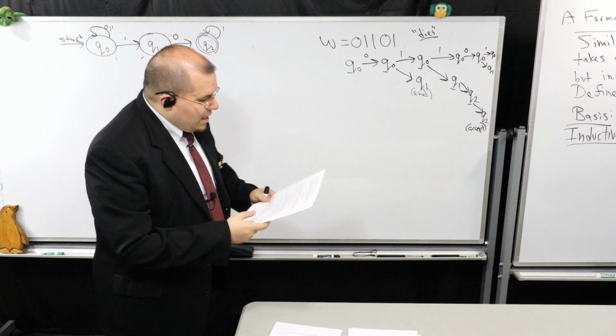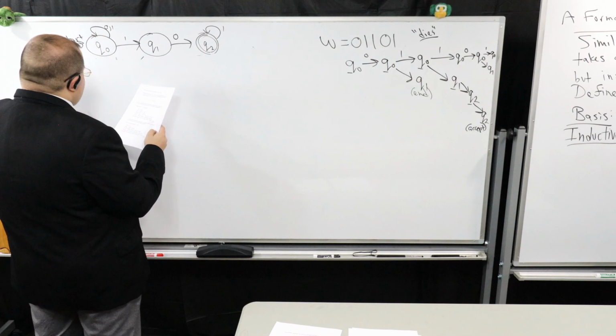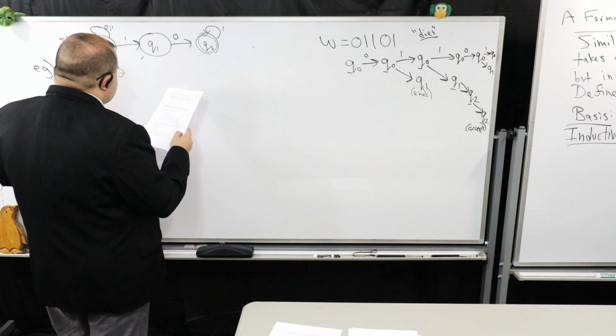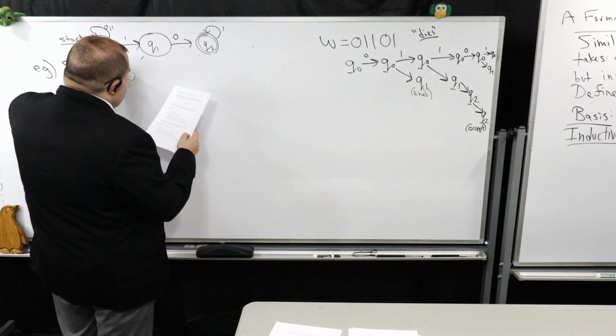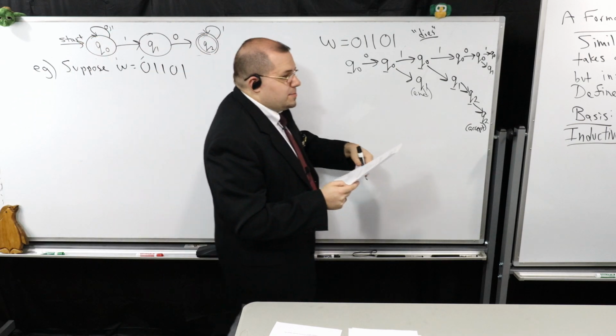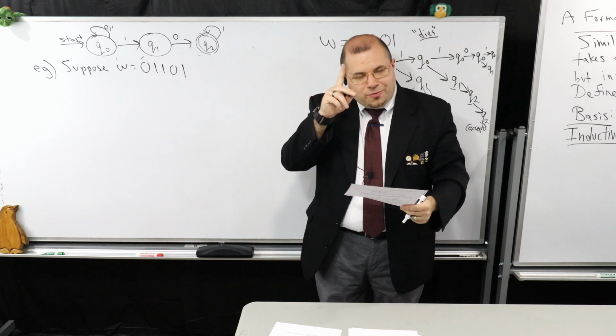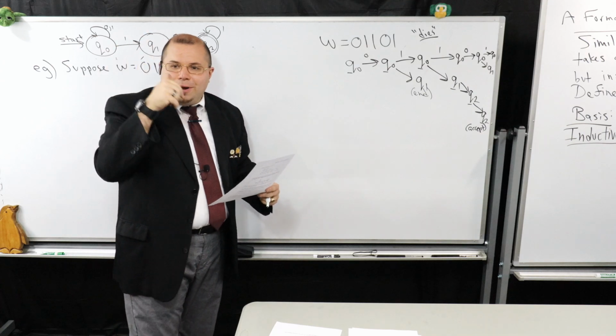Okay, so let's do some examples. Suppose w is equal to 0, 1, 1, 0, 1. This is the exact same string I did over here. I'm doing this for a reason, so that you can see the connection between that picture and what I'm going to do over here.